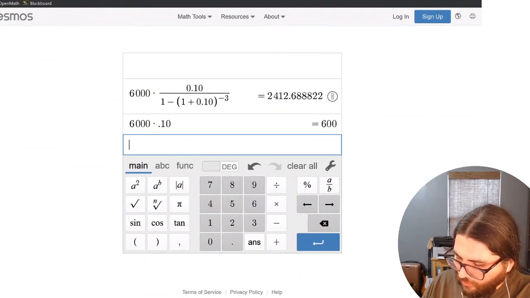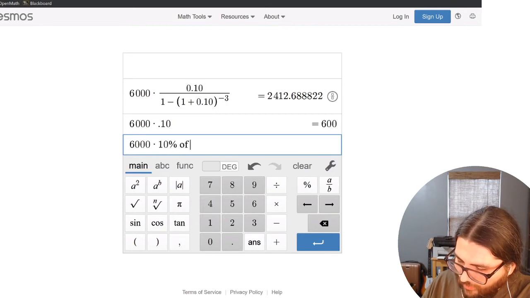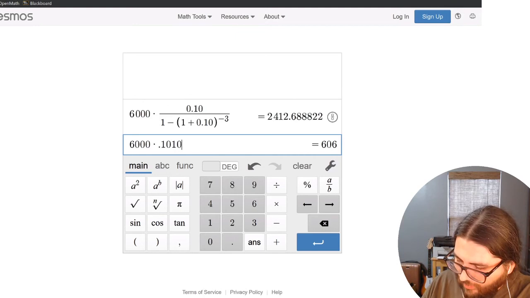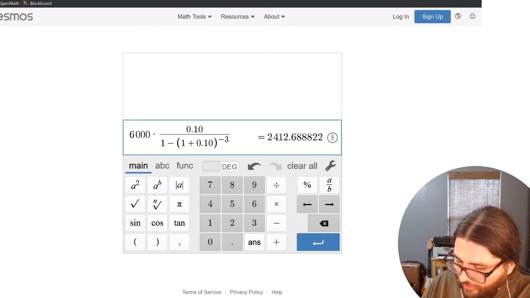That is $600. And if you wanted to do this on the Desmos calculator, you could type 10% like that. Now it looks like it wants to see the other way. 10% of 6,000.